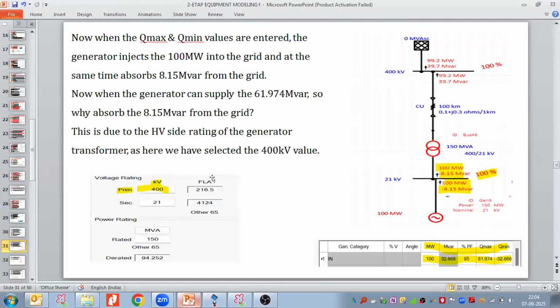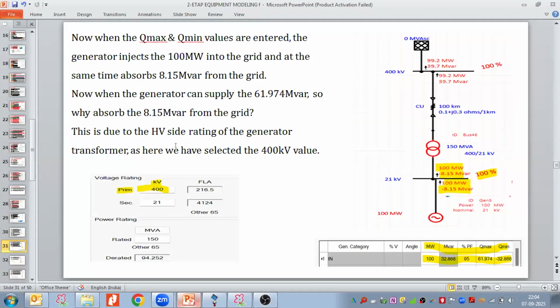Same thing we have mentioned here as well. When the Qmax and Qmin values are entered, the generator injects 100 megawatt into the grid and at the same time absorbs 8.5 MVAR from the grid. The generator can supply 61.974 MVAR, so by absorbing 8.15 MVAR from the grid, this is our earlier case.